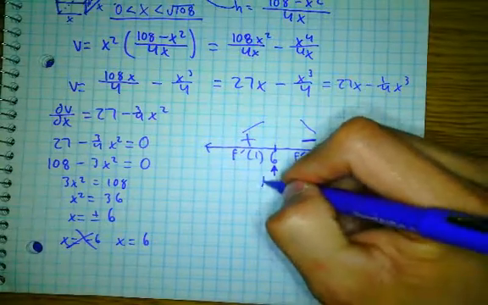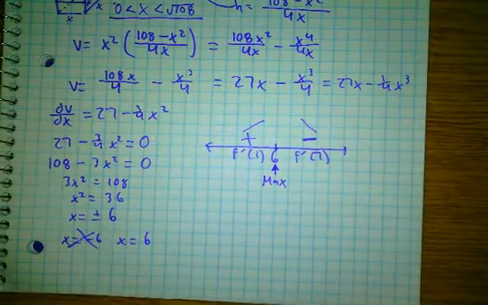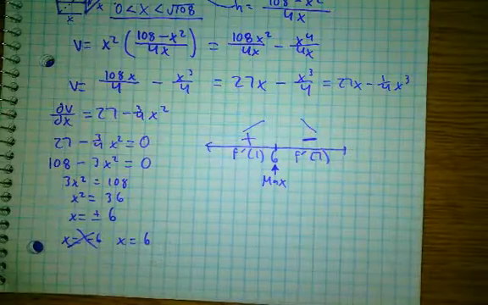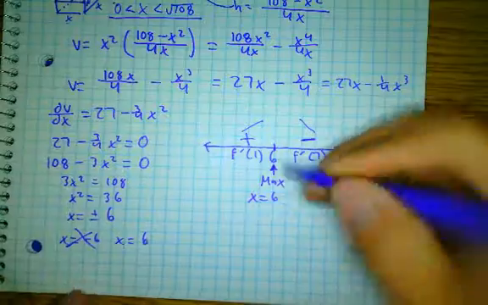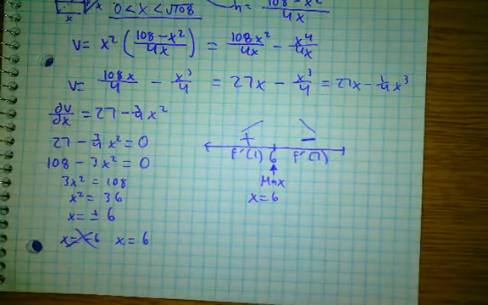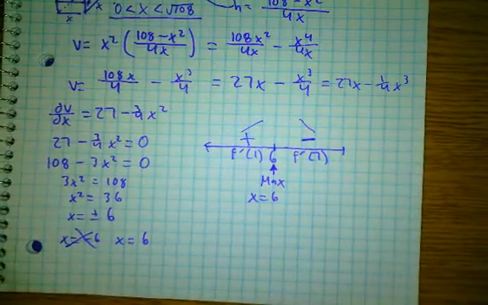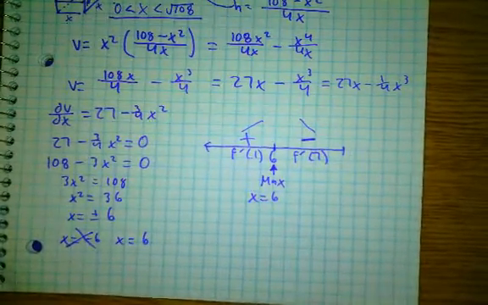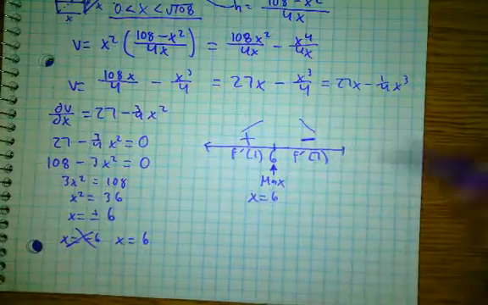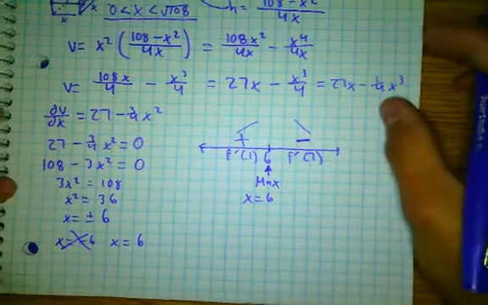Now, we need to find out what the other dimensions are, and what that volume is. So now we know that x is 6. How can I figure out the rest? Well, remember how we had this function right here, 108 equals x squared? Can I plug in x there to find out what the height is? We sure can.